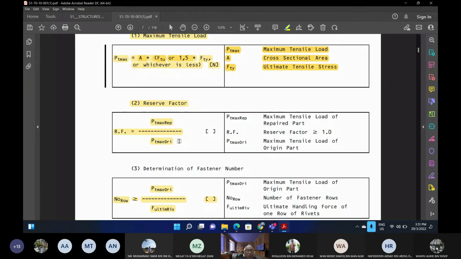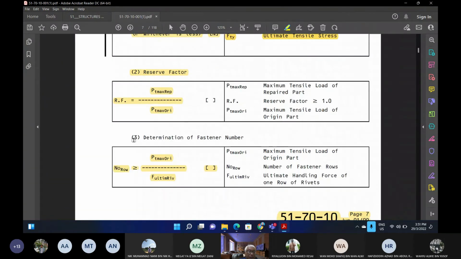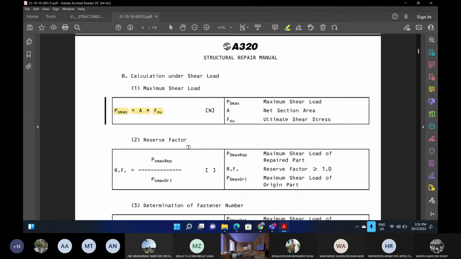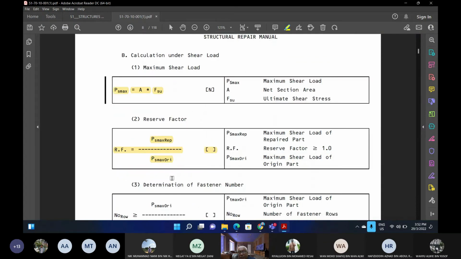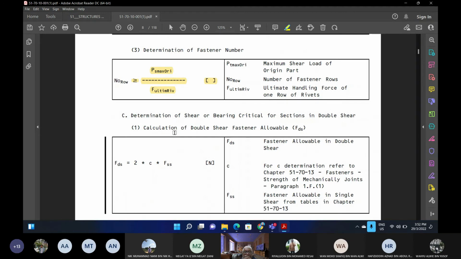So, 3 things. Calculate the load, calculate the reserve factor, determine the fastener row, and then determine the maximum shear for the fastener, and then reserve factor again, number of fasteners based on shear. And then you calculate whether it is single shear or double shear.